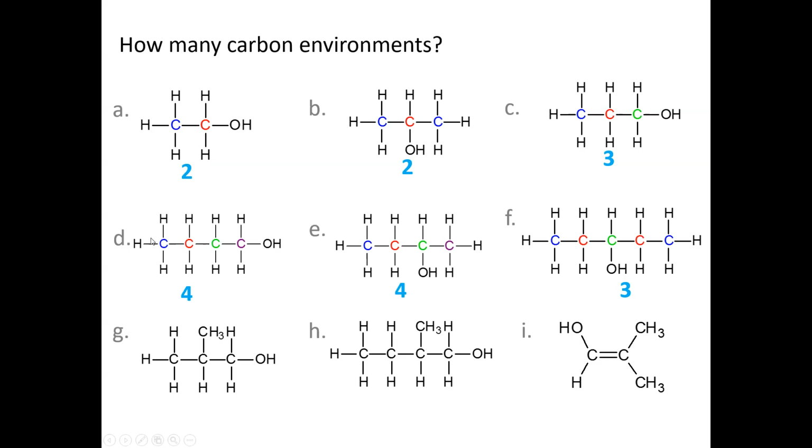Over here, you can hopefully see that there are 3 carbon environments because this methyl is actually identical to that methyl. So it doesn't quite look it if I just drew it like this. But if you checked the groups attached, you will find that these are identical.